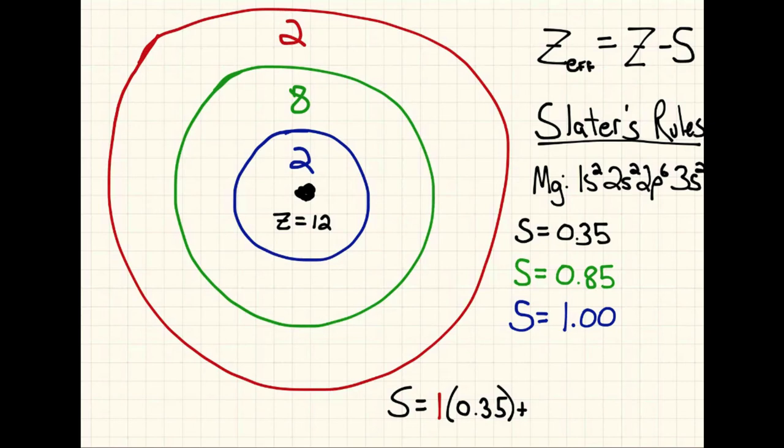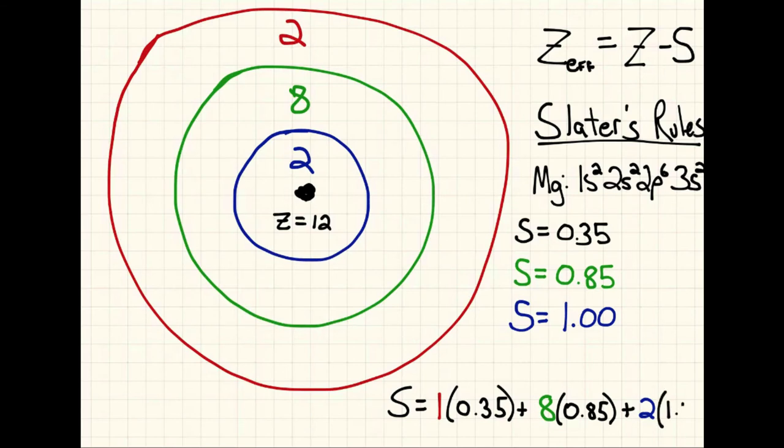So we've got one other electron in the same spatial zone as me, and then we've got 8 electrons in the zone directly inner to that. And each of those 8 electrons will shield me 85% of the time. And then finally, we have 2 electrons that are in the 1s, or 2 shells in from where I'm currently standing.